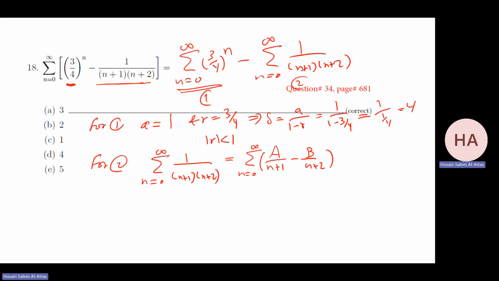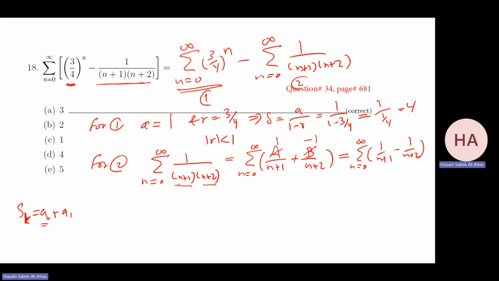Cover this, put minus 1, that gives me 1. Cover this, put minus 2, that gives me minus 1. So I have summation n equals 0 to infinity, 1 over n plus 1 minus 1 over n plus 2.